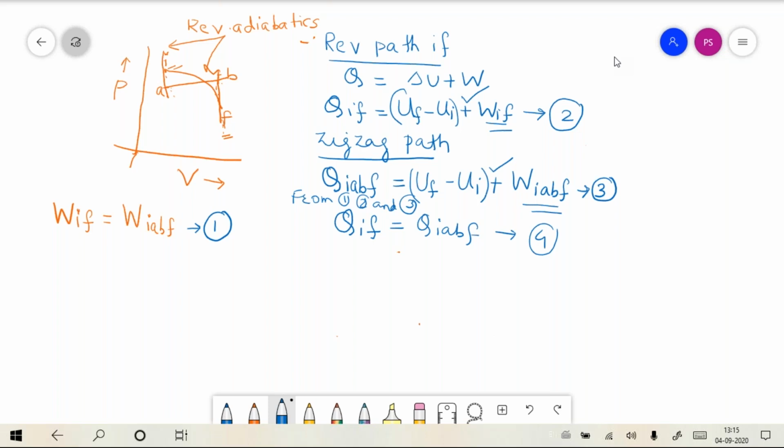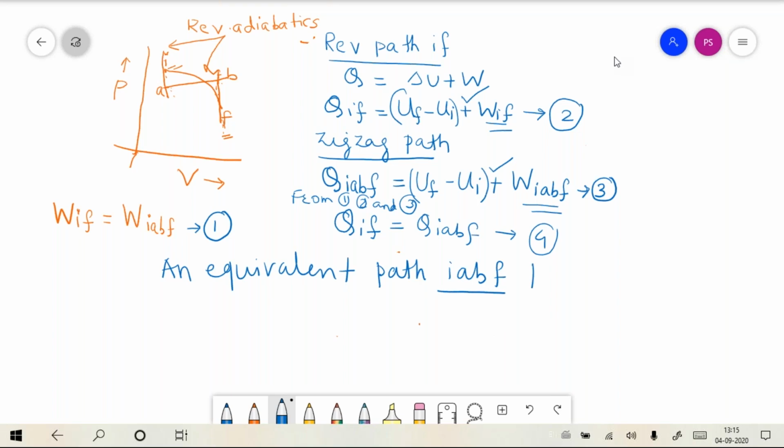In other words, there can be an equivalent path. We can draw an equivalent path, and that equivalent path is IABF.